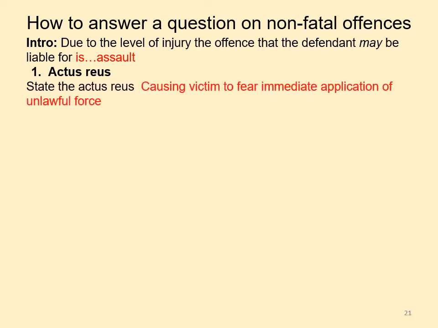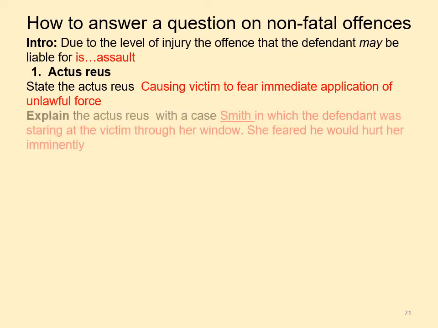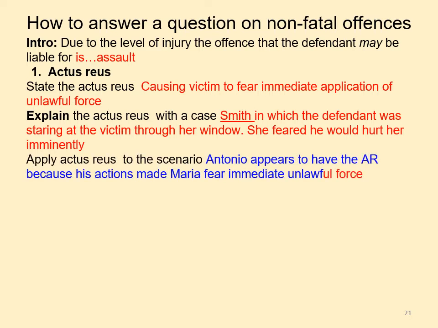You'll state the actus reus, causing your victim to fear immediate application of unlawful force. You'll explain it with a case, so as in Smith, in which the defendant was staring into the victim through her window, she feared he would hurt her imminently. Do you see what I've done there with using the key word imminently? And then apply.